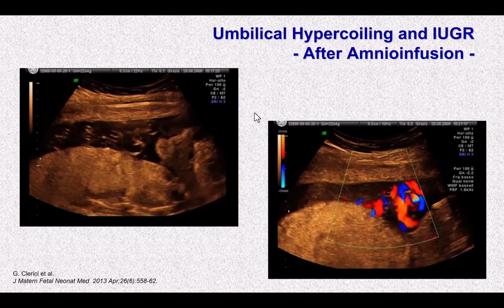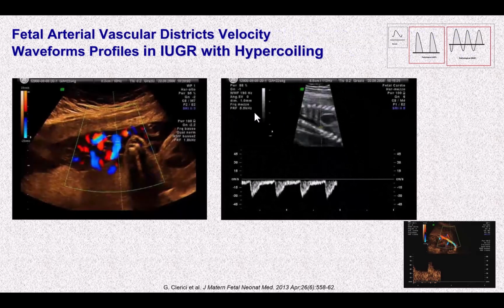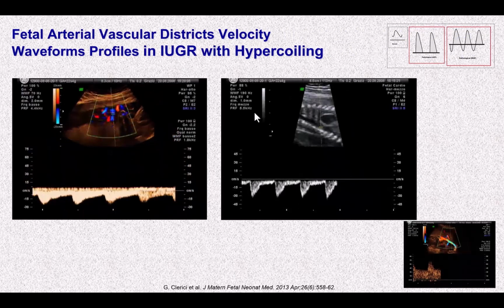I decided to do an amnioinfusion for looking at the fetal anatomy, and I saw, looking at the reason why this fetus was so small, I was looking at the hemodynamics in the fetus and in the placental perfusion, and I saw that it was a completely normal waveform profile in the uterine artery, and you can see here normal waveform profile in the umbilical artery, and also in the other arterial districts of the fetus.